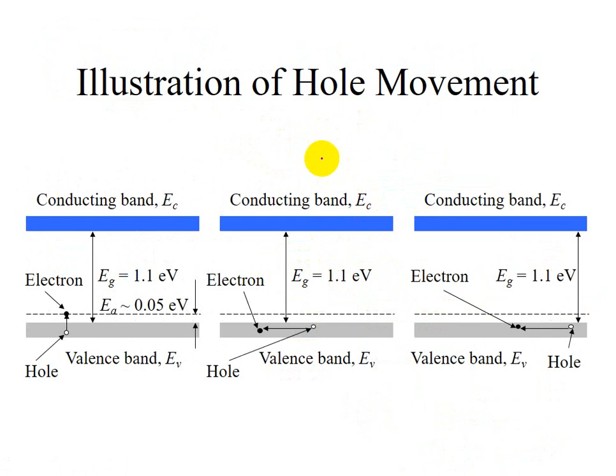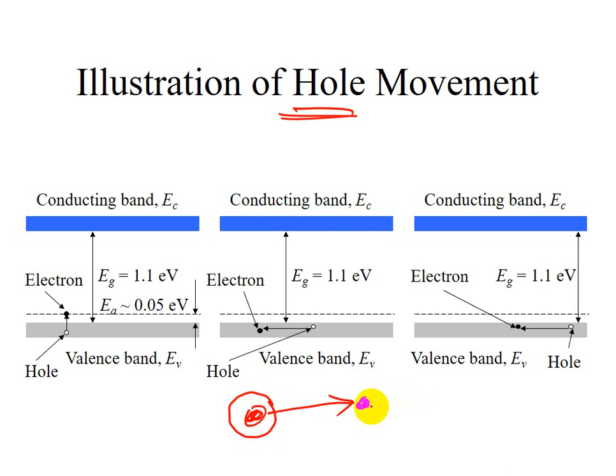This slide shows you the concept of hole movement. Hole is a conceptual concept. An electron moves from one point to the other one, and it will leave behind a hole.